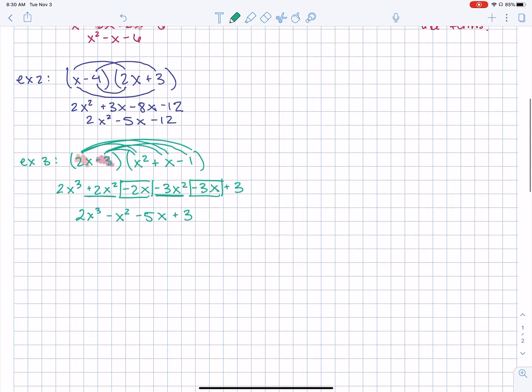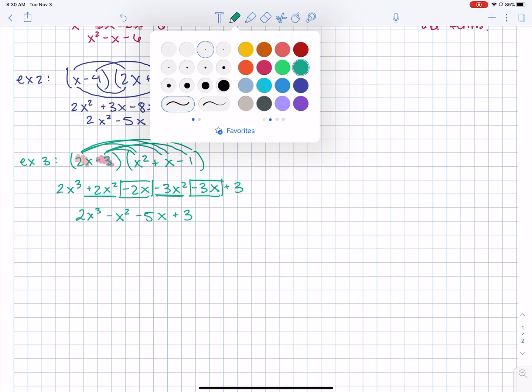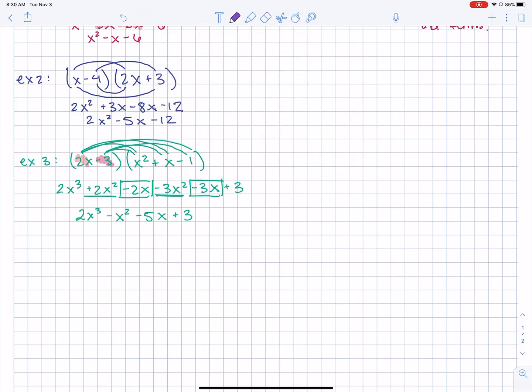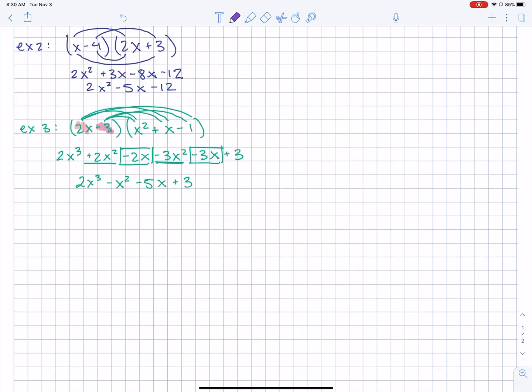There's sometimes when it looks a little bit different, but it's actually the exact same methods as before. So our last examples for today, example 4, is x plus 5 squared.